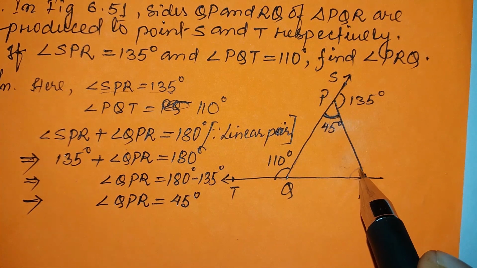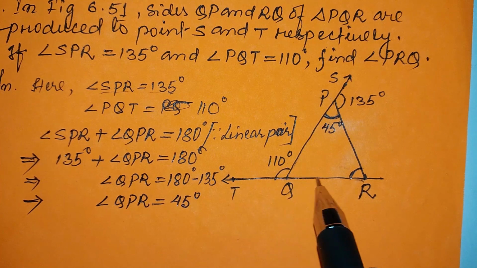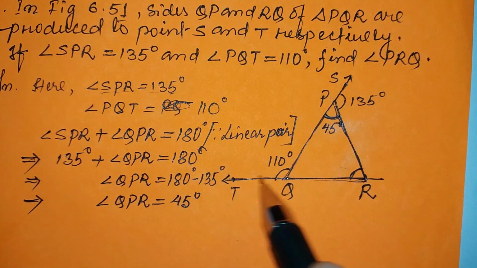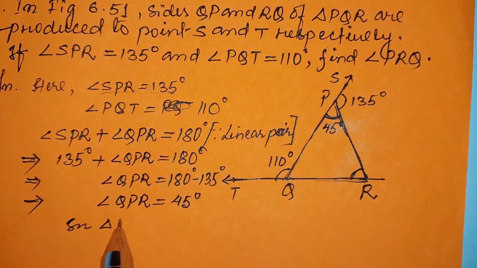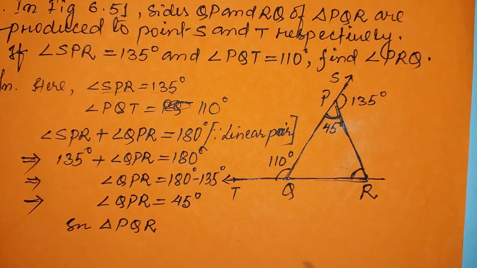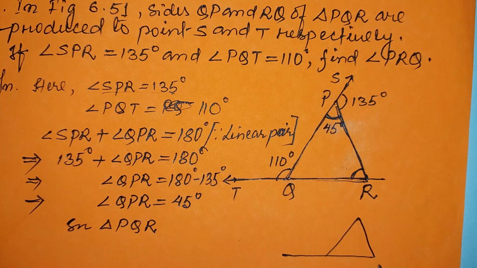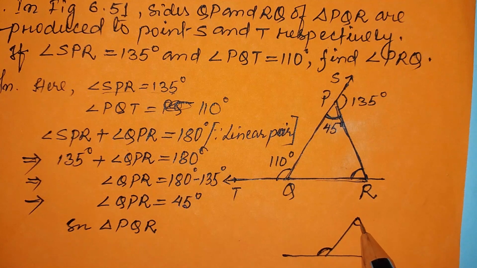Now to find this, we will use the exterior angle property. In triangle PQR, you have to recall what we learned just now. This exterior angle is equal to the sum of the interior opposite angles, which means this one and this one.